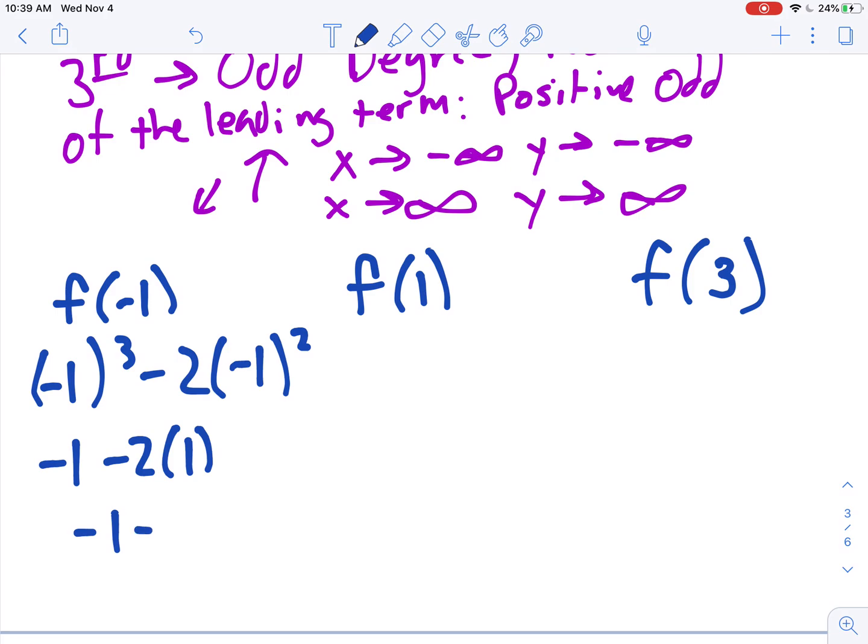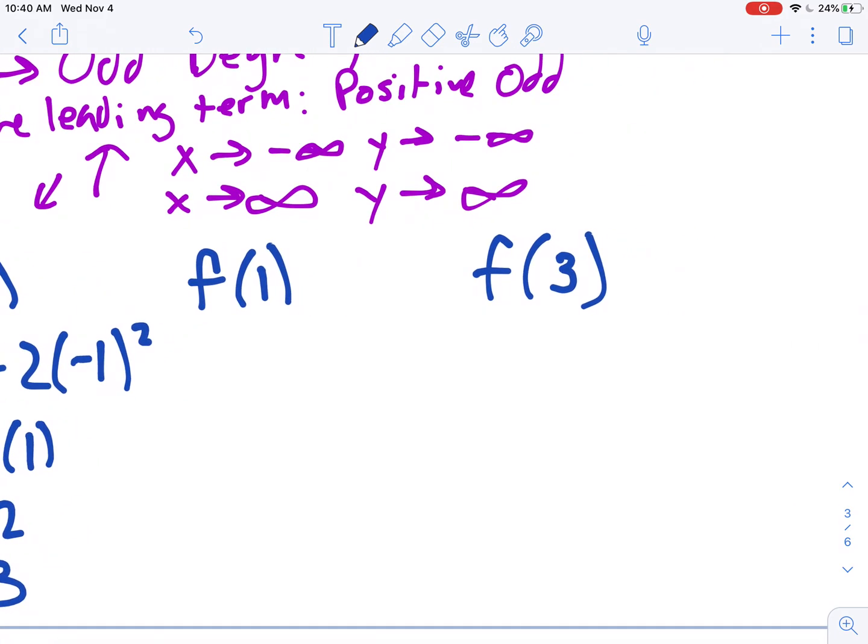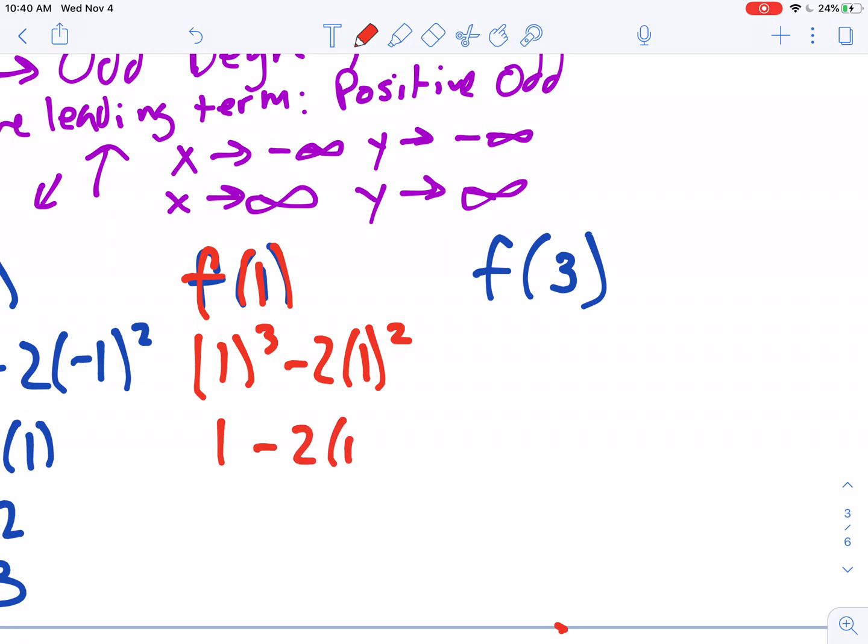I've got -1 minus 2. I've got -3. For f of 1, and let's change colors on this, I'll do f of 1 in red. I've got 1 cubed minus 2 times 1 squared. That's 1 minus 2 times 1. This is going to end up being -1.